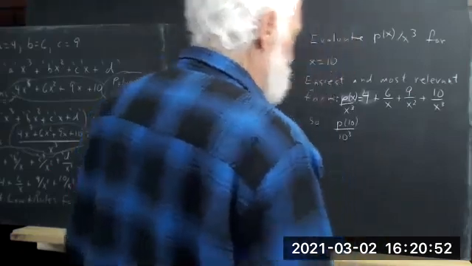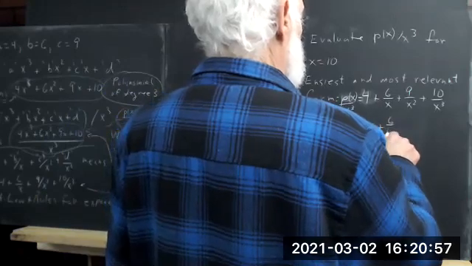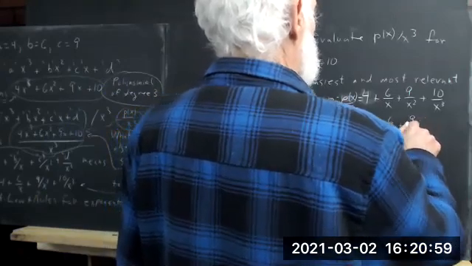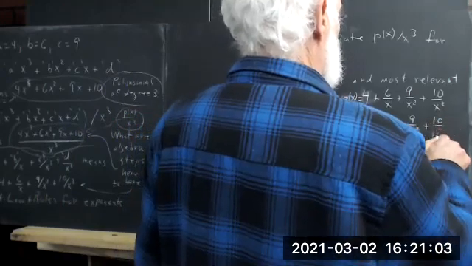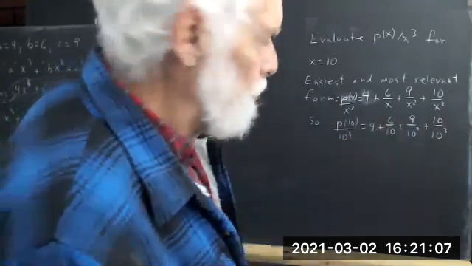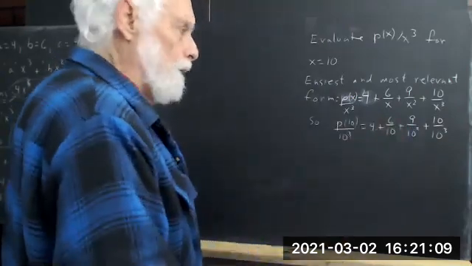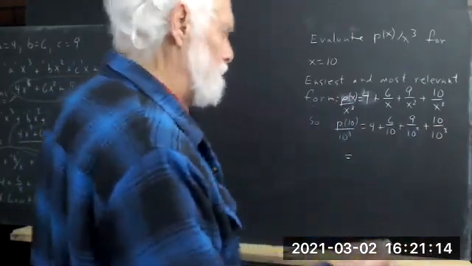So P of 10 over 10 cubed is 4 plus 6 over 10 plus 9 over 10 squared plus 10 over 10 cubed. And we don't need a calculator to do this. We don't need any fancy computer algebra system.